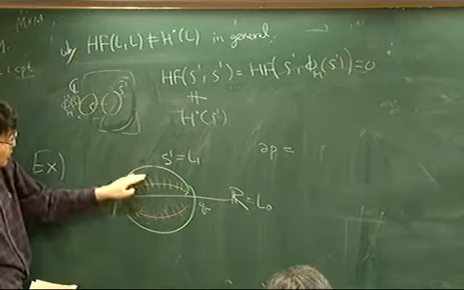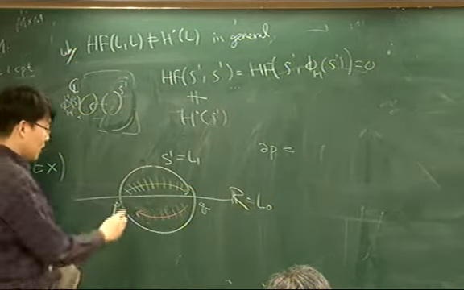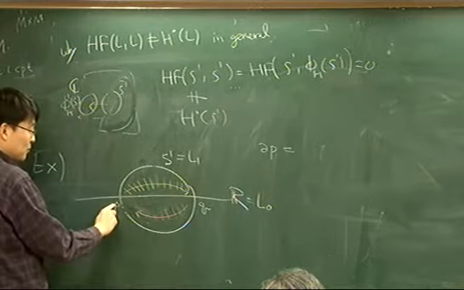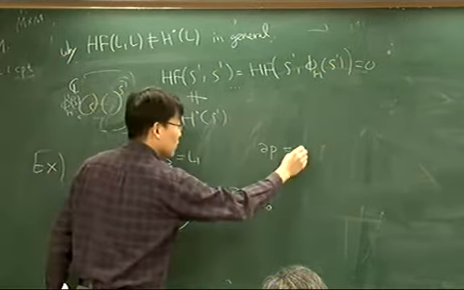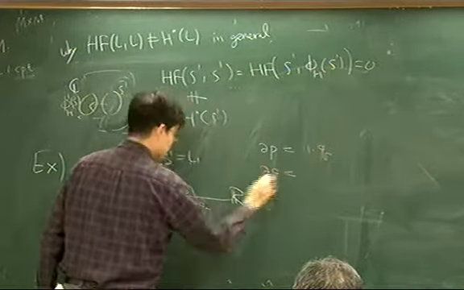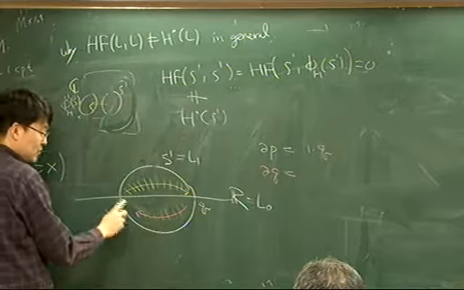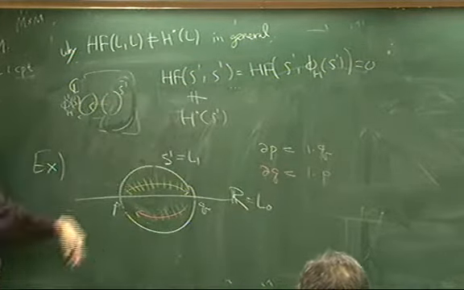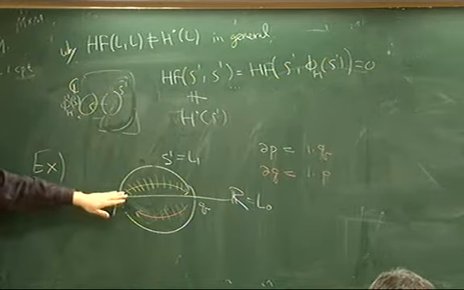So there are two obvious holomorphic strips, such that the top one contributes from the boundary of P to Q, so it's 1 times Q, and the boundary of Q is 1 times P. And one can show that everything else actually doesn't contribute.